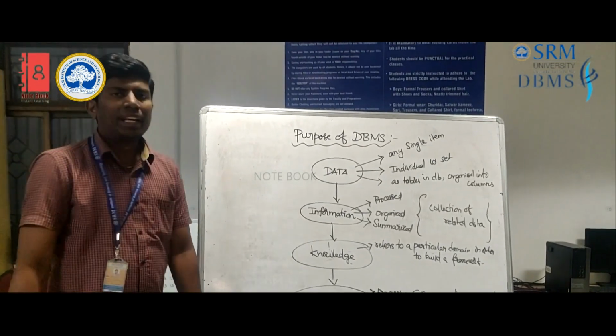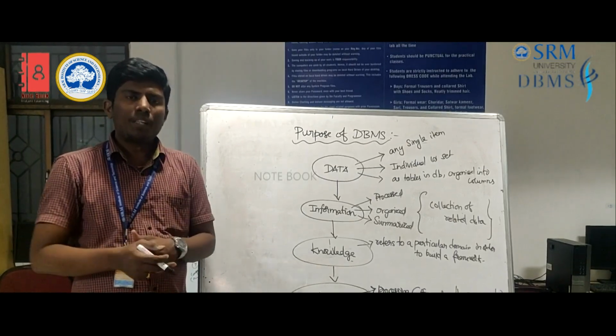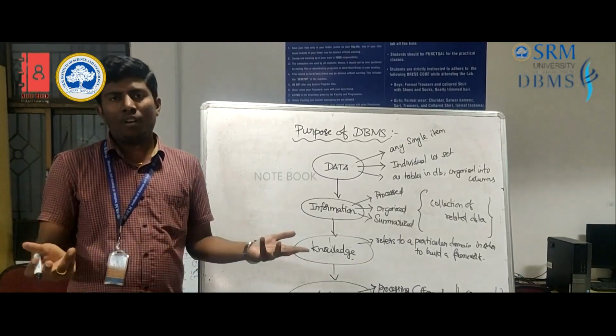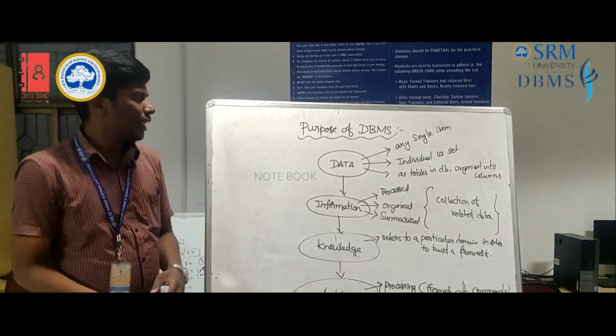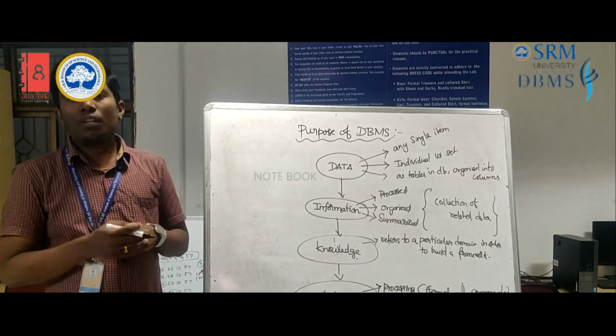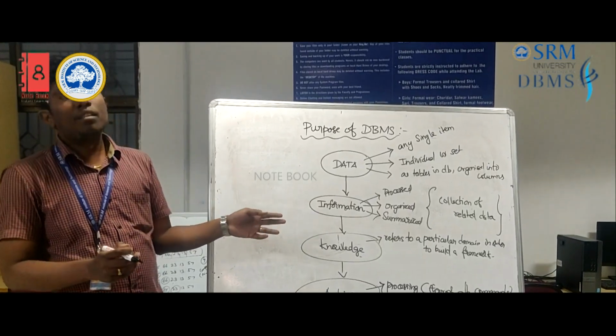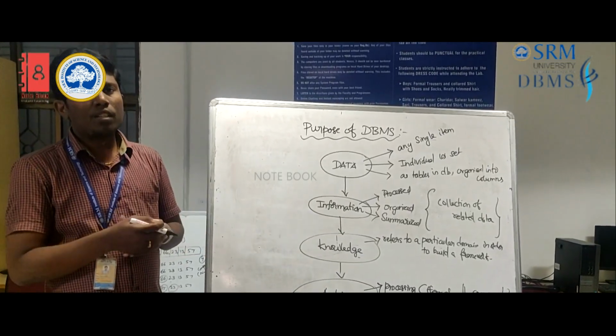Coming to data, any single item stored in the database is referred to as data, raw data, stored individually or as a set of data. Data is stored in the form of tables in the database, and the tables are organized into columns.